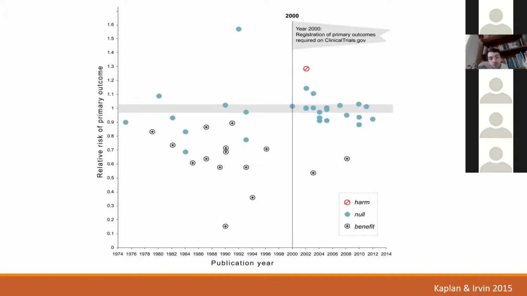Now, correlation doesn't equal causation, but here I think it strongly indicates that the introduction of registration was preventing certain analytical flexibility, people overstating the evidence, and you're getting many more null effects. So to me, this is pretty clear evidence that it works and it stops error inflation, which is nice.